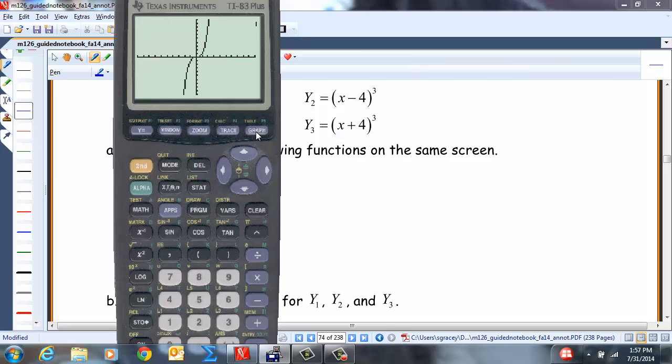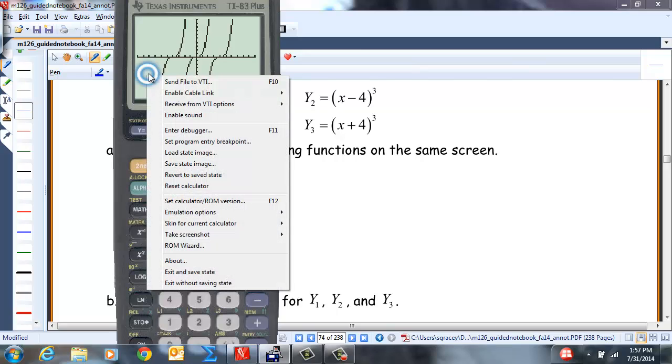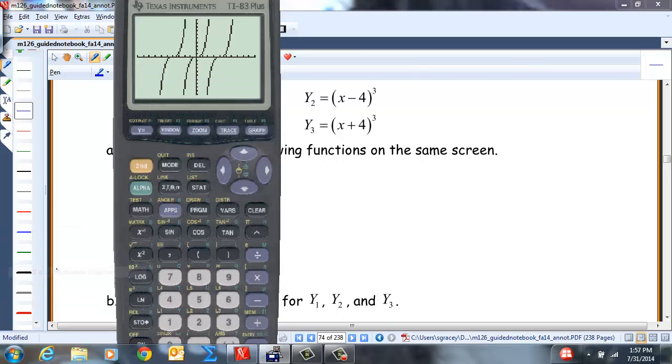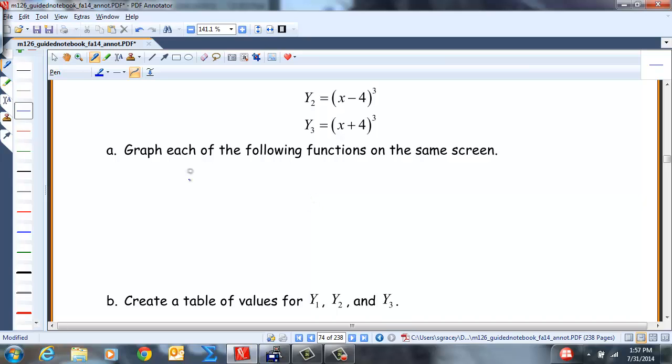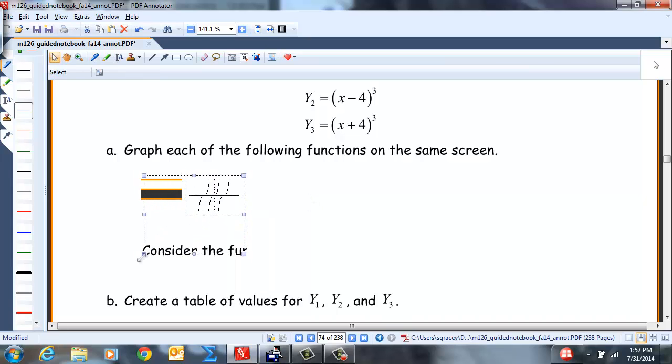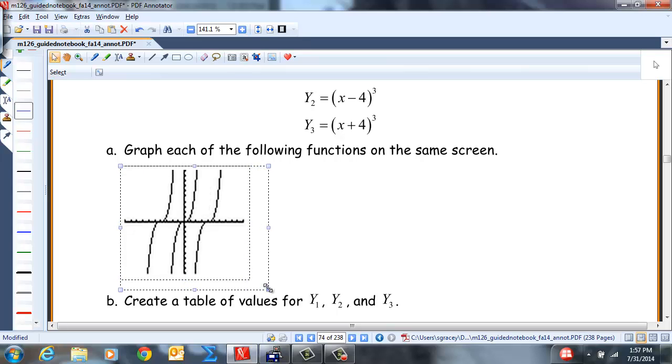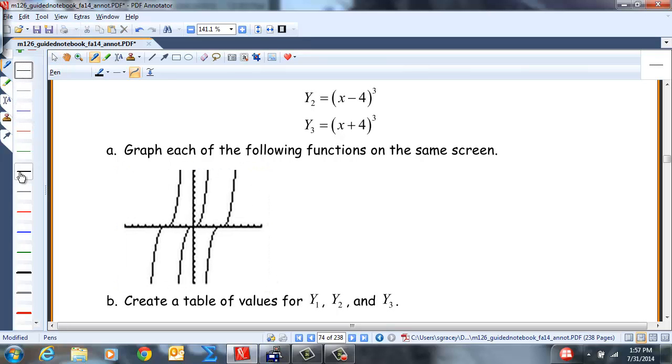So there's the original. Now instead of going up or down, do you see they're going left and right? Exciting stuff, right? Here's our picture. Again, this one here in black is our y1 equals x cubed. And in the blue, we have our second one.